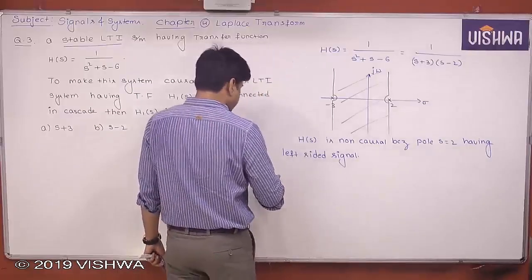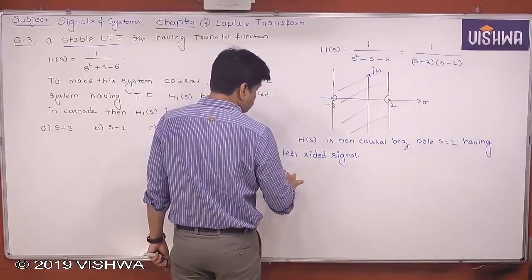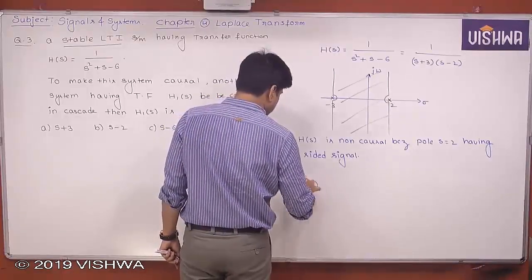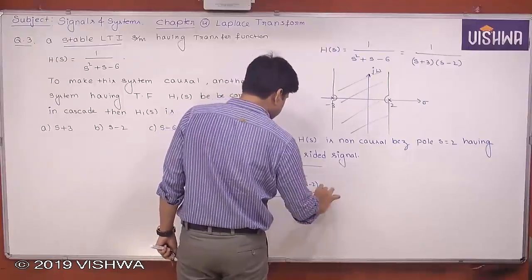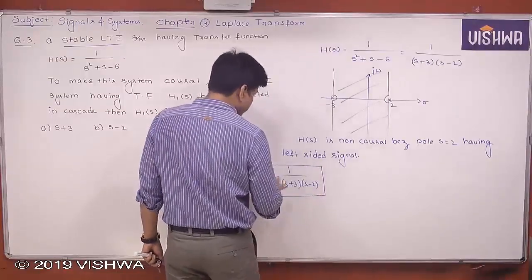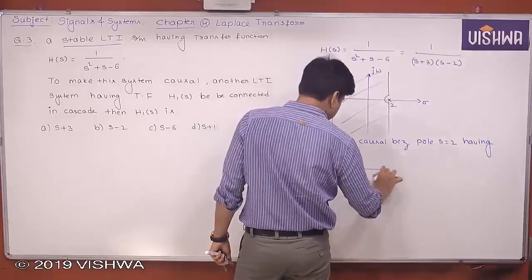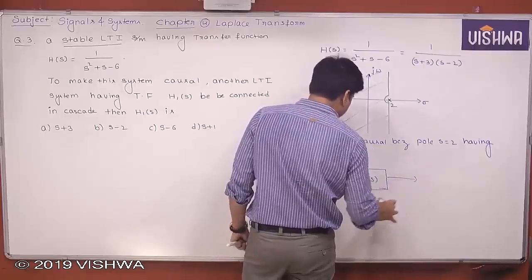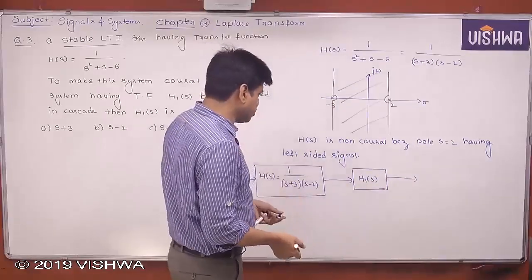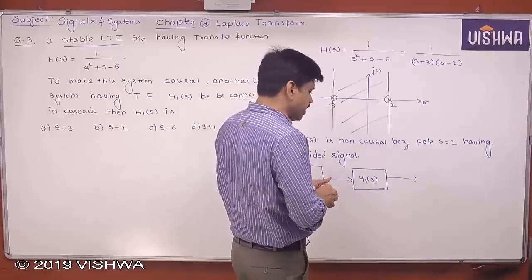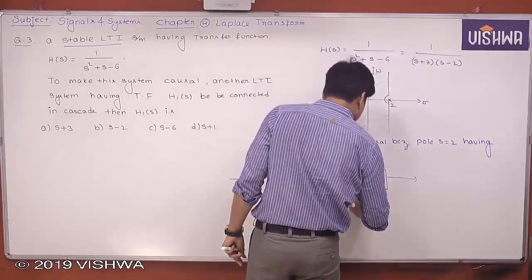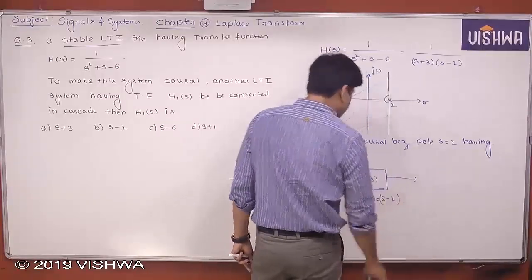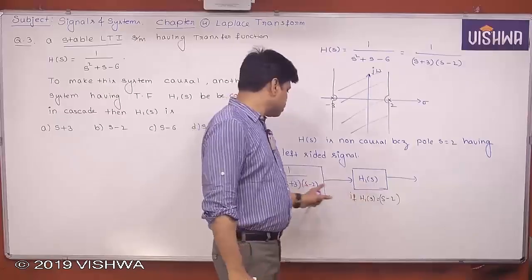So H of S is 1 by S plus 3 into S minus 2. This is the given system, and we have to cascade another system, which is H1 of S. Then I want to make the total system causal. That means what should H1 of S be? Suppose H1 of S is equal to S minus 2. Then S minus 2 gets cancelled.